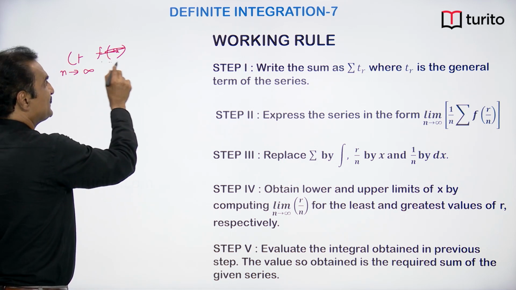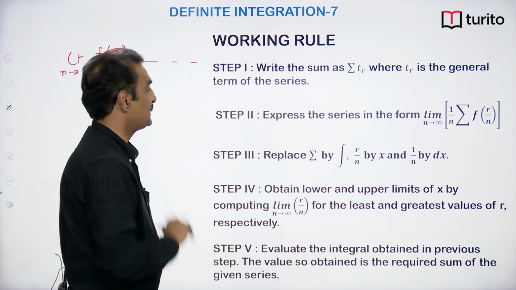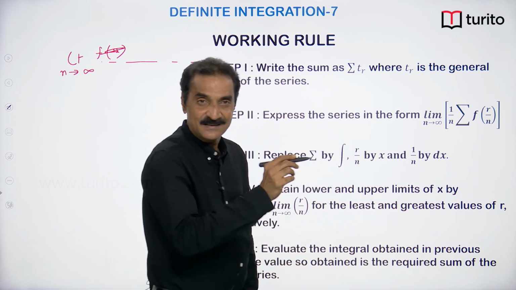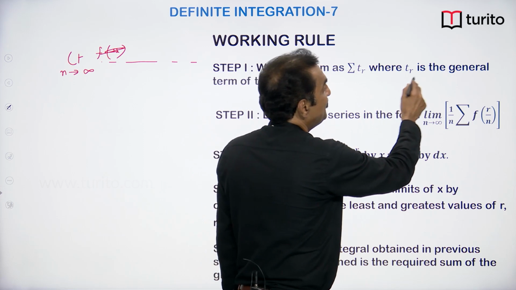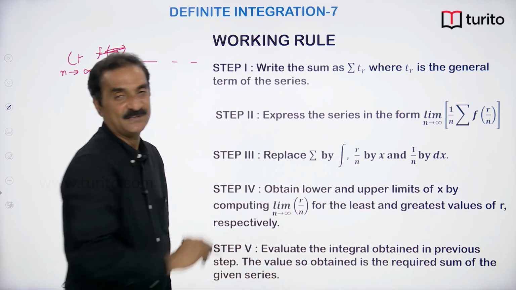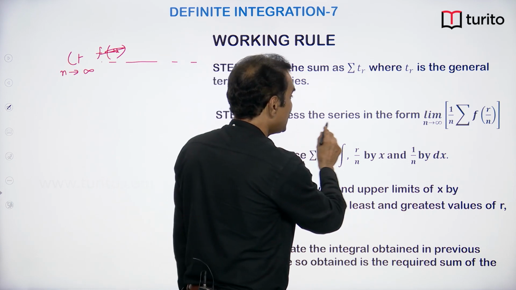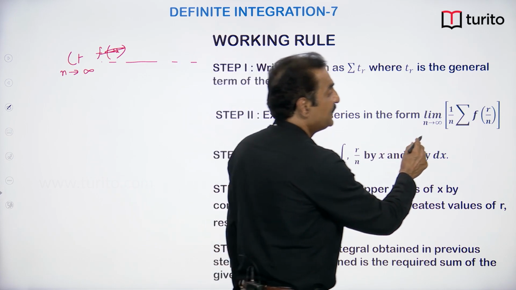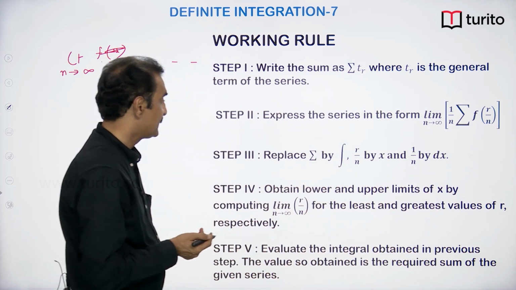Some series is given, the sum of a series in terms of n is given. Then step 1, write the sum as summation of the general term, sigma tr, where tr is the general term of the series, and express the series in the form limit n tends to infinity 1 by n sigma f of r by n by adjusting the terms.